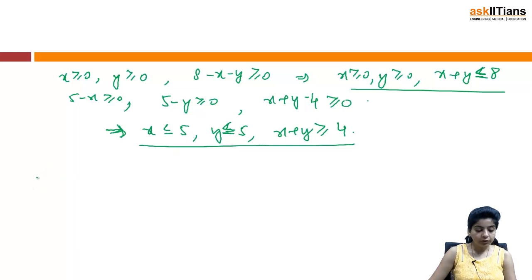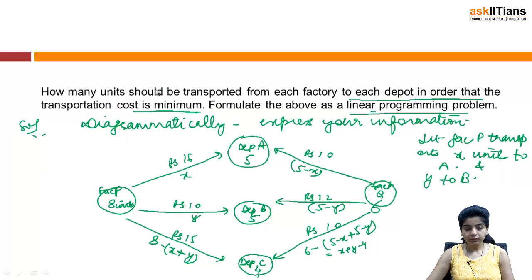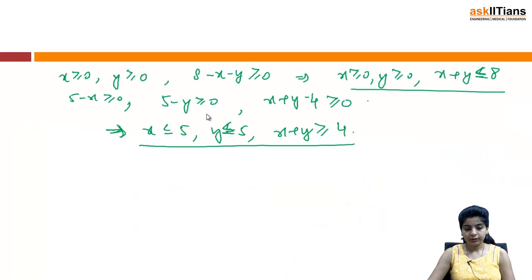And we were required to find out the minimum cost, right? How many units should be transported from each factory to each depot in order that the transportation cost is minimum.